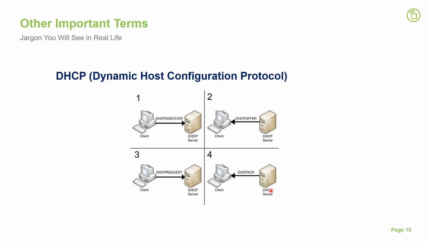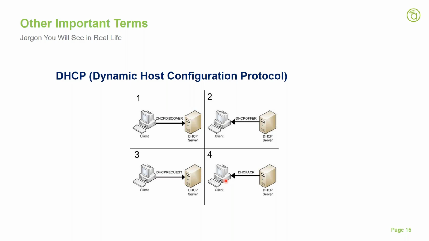Now, we mentioned that the DHCP server now has a database of IP and MAC addresses, and another cool thing that you can do is make sure that this device is always getting this IP address. That acknowledgement, or that message going back to the client, has a timeline saying, hey, this is your IP address for the next 12 hours.